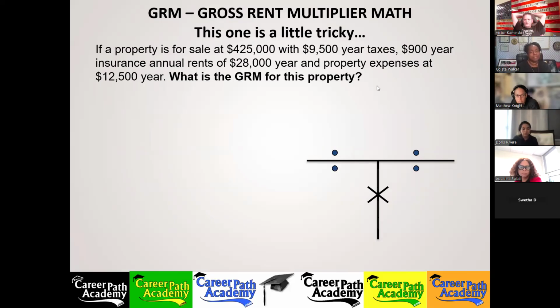What numbers do we need to know for GRM? That's the first thing you should be asking yourself. The value and the income. You need the value and what income? The rental income. Okay, and that's how much?